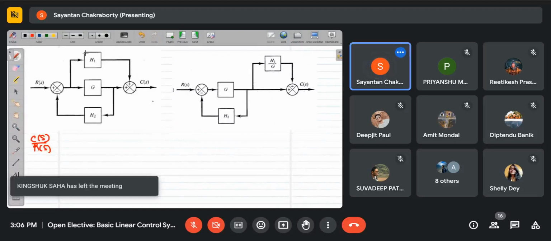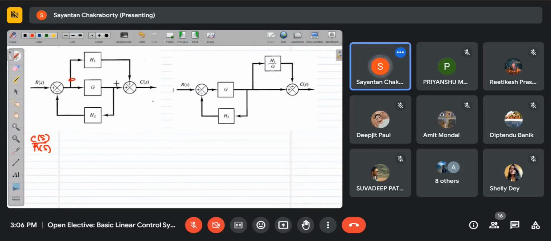What I have done is that I have put this line over here. So the signal that was going through this, if you take a signal from here, say if it is x, then this is gx, and initially this was x, and this signal was h1 into x.